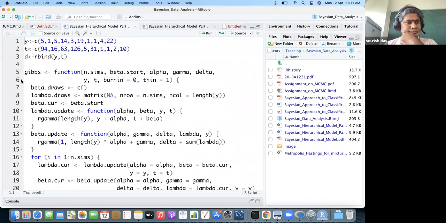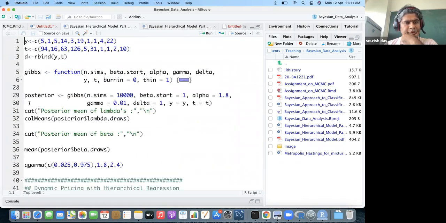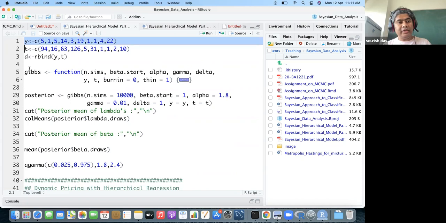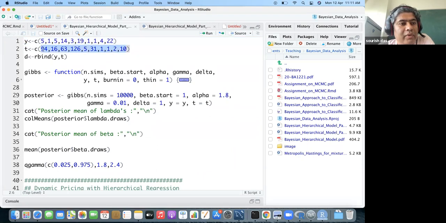So let me quickly explain. This is actually the data part. There were 10 pumps, and for each pump, how many failures happened and what is the time frame when this happens.